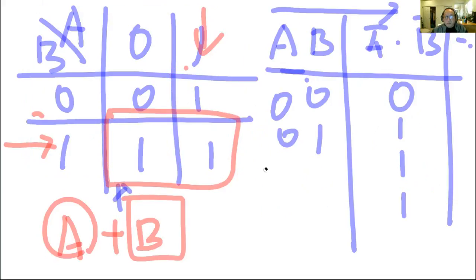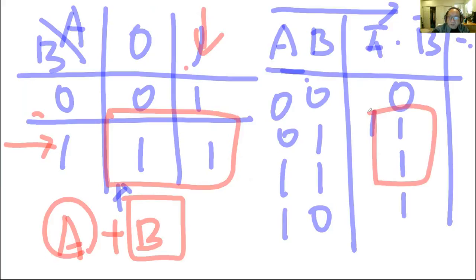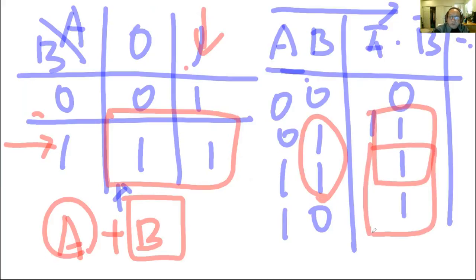Let's swap these two. So here I put 1, 1 instead of 0, 1, and here I put 1, 1. When I group this center two, it represents B. When I group the lower two, it represents A. So with such a modification, you will be able to see this one actually is A or B.